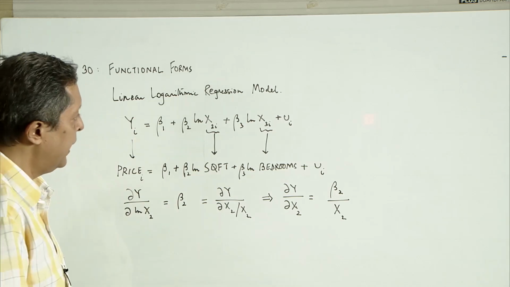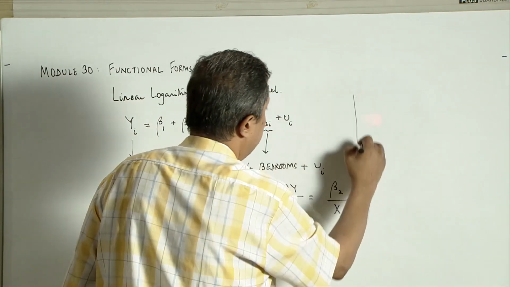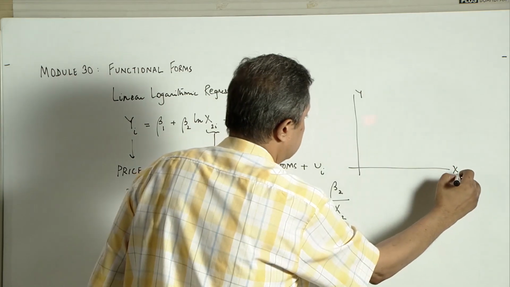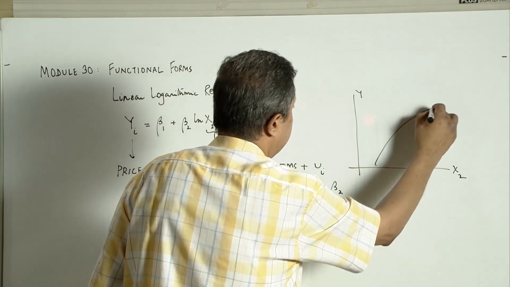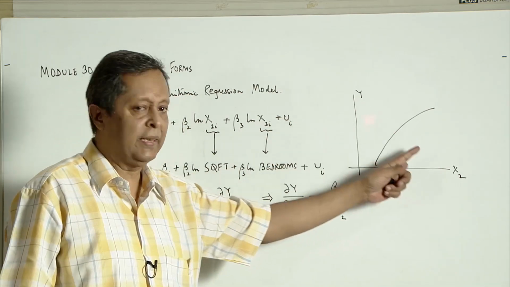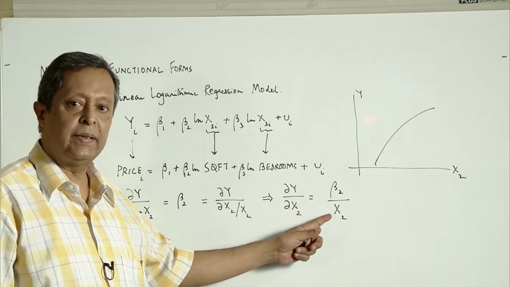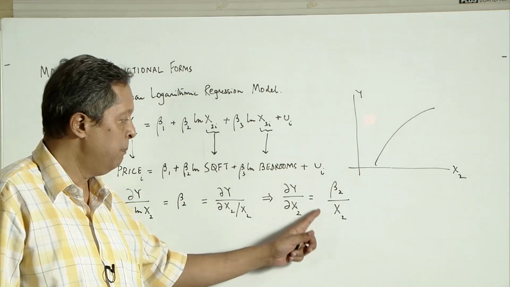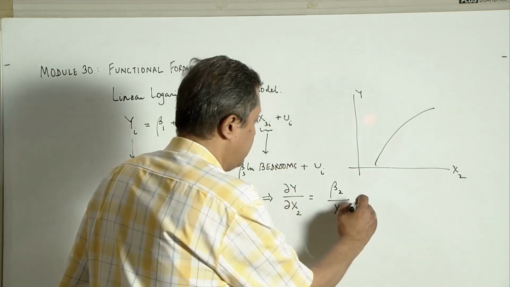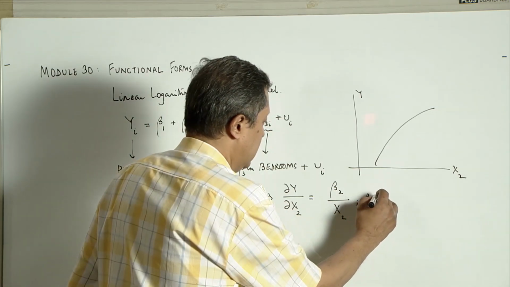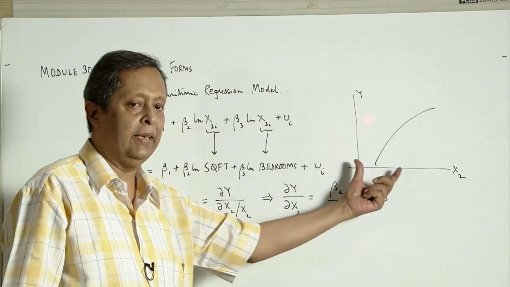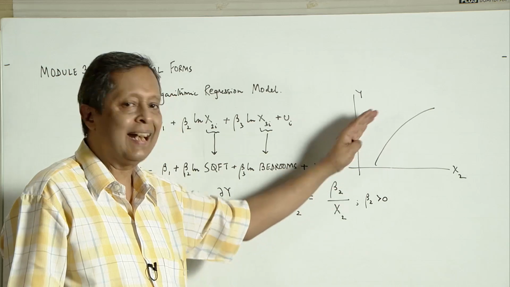So, if we draw a diagram showing y and x2, then the diagram would look like that. The slope of y with respect to x2 gradually decreases as the magnitude of x2 increases, assuming of course that beta 2 is positive. So, it means the incremental price due to increment in square feet gradually decreases.